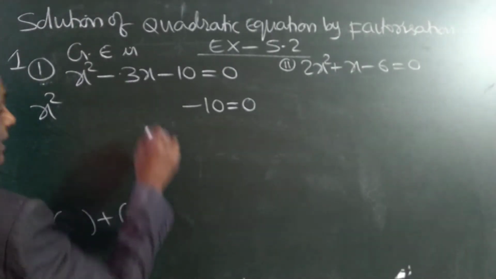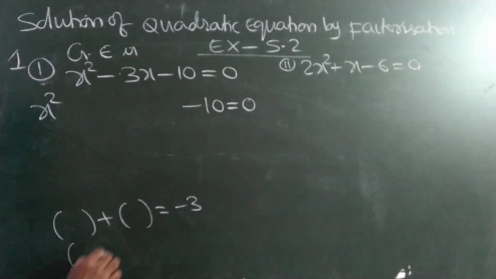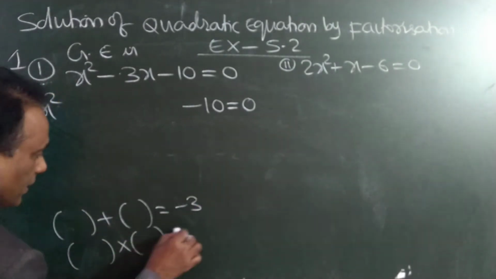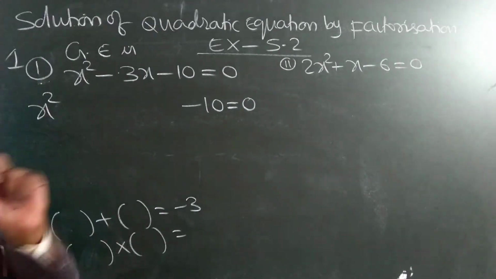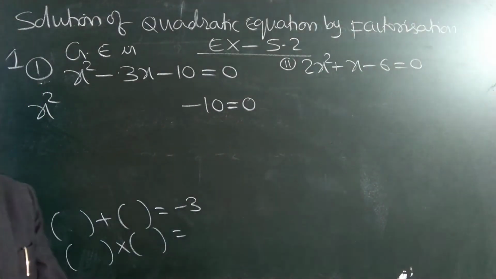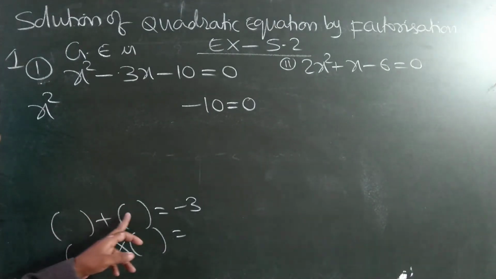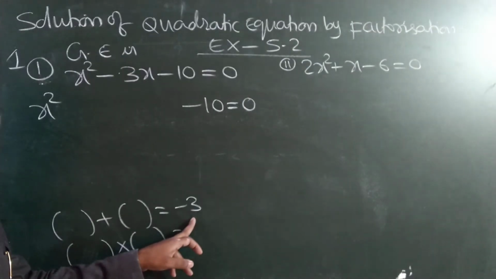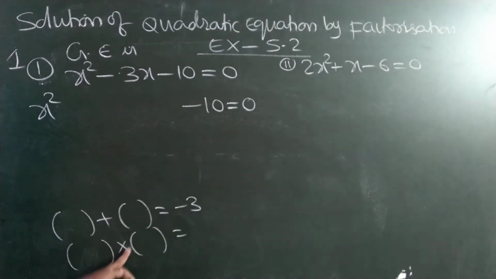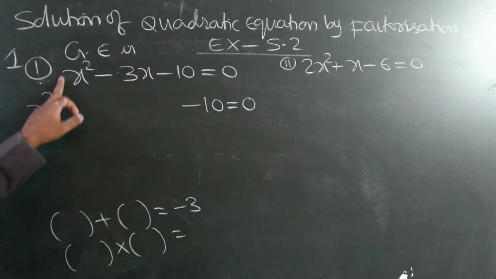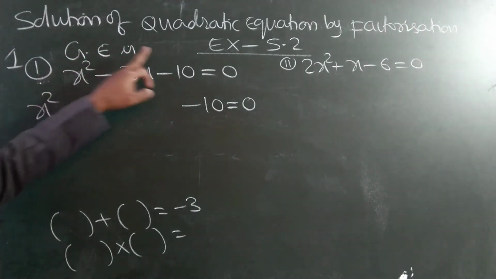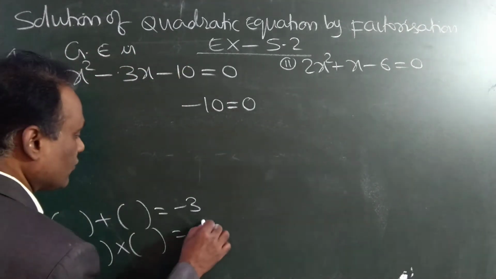Sum should be minus 3, and the product should be, you tell two numbers such that if I add those two numbers, I get minus 3, and if I multiply them, I get minus 10. What is the coefficient here? 1. 1 into minus 10, so minus 10 only.